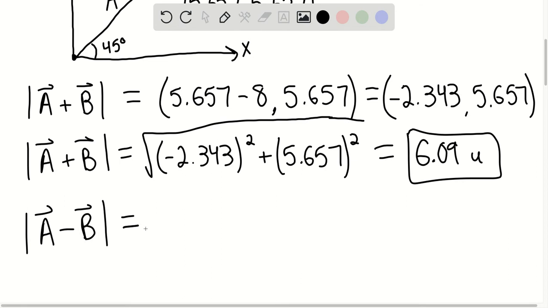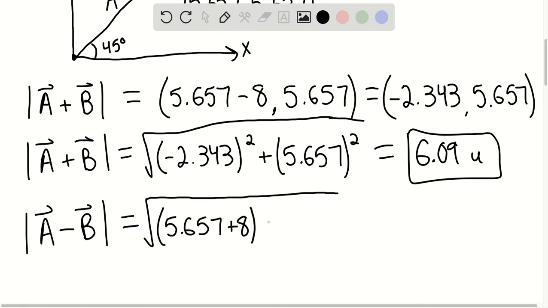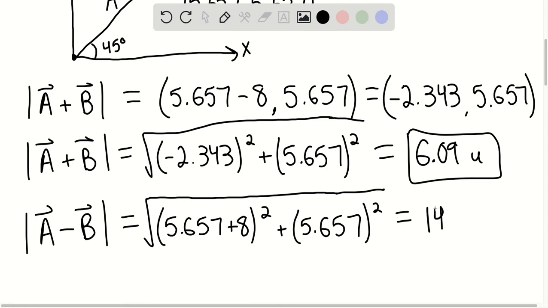So here, the magnitude would be the square root of 5.657 plus 8 quantity squared plus 5.657 quantity squared. And we find that the magnitude of the difference is 14.7 units.